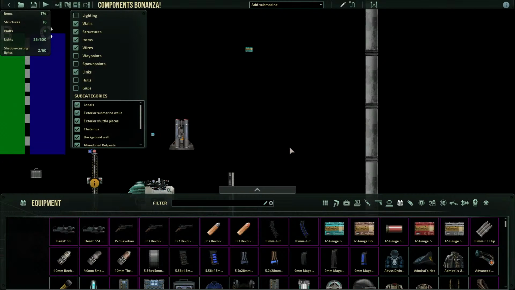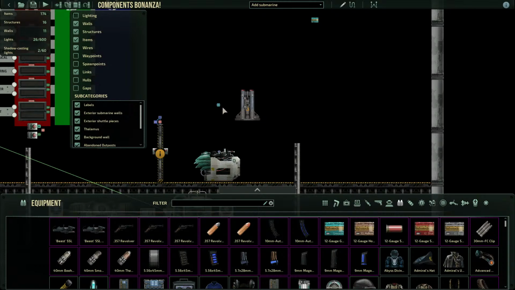So let's just say your motion detectors tell you 2.92 and 3 meters here. We need to turn that into an angle for this turret to receive.